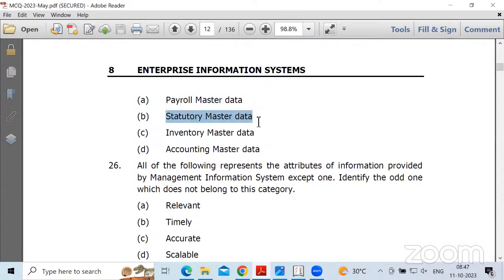Statutory master data is related to TDS, TCS, GST, etc. Inventory master data is controlled by the organization because it is related to inventory. Accounting master data, its creation of ledgers, etc., is also controlled by the organization. Whereas statutory master data alone is government related. Therefore, the answer is B.